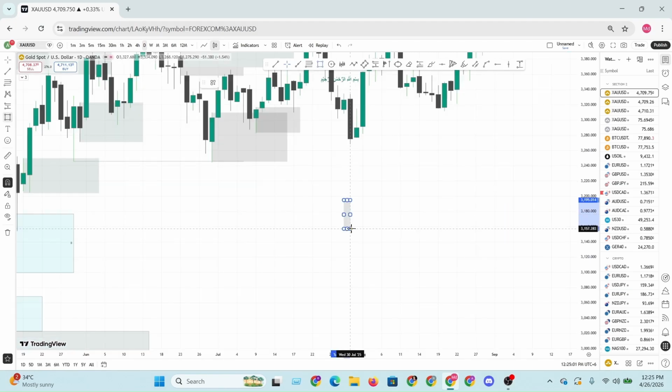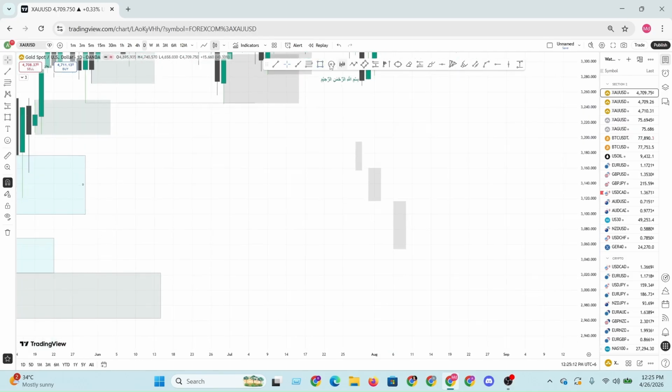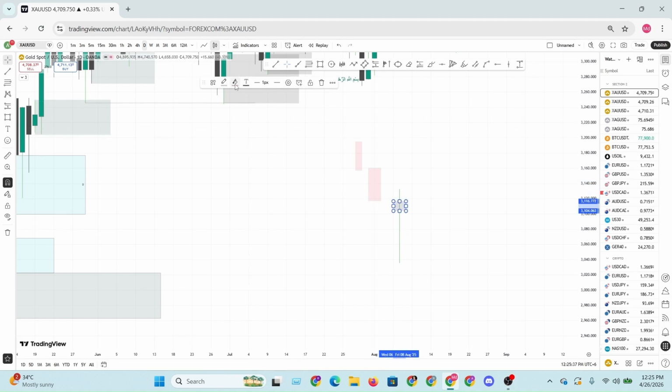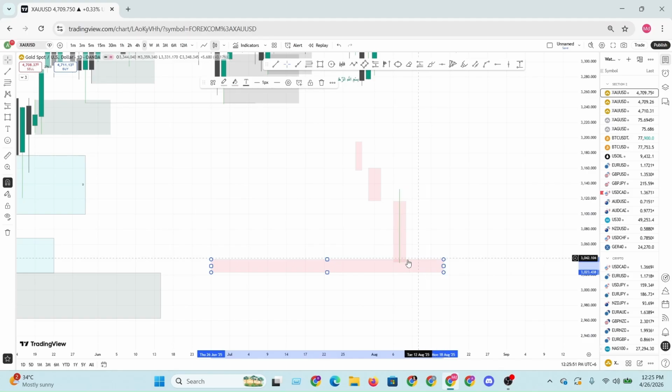Okay, let me tell you what a rejection block is. A rejection block is when the market is moving downside, and it rejects a certain level. Let me give you a proper introduction to the rejection block. So the market is falling, falling, falling, and this candle is also falling, but the market reaches a certain area.